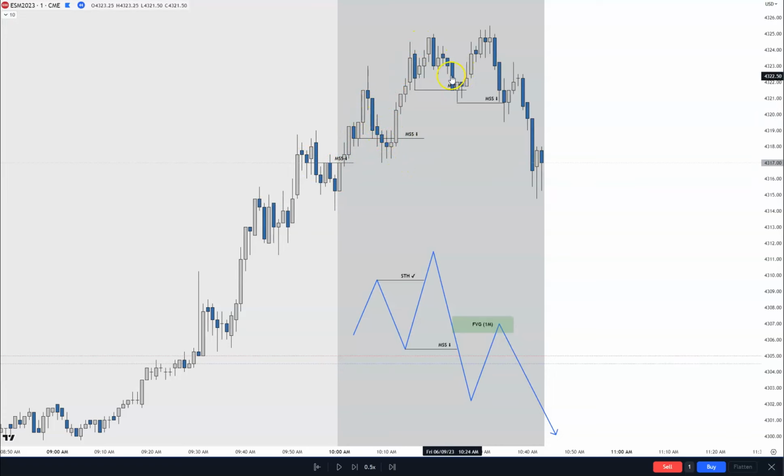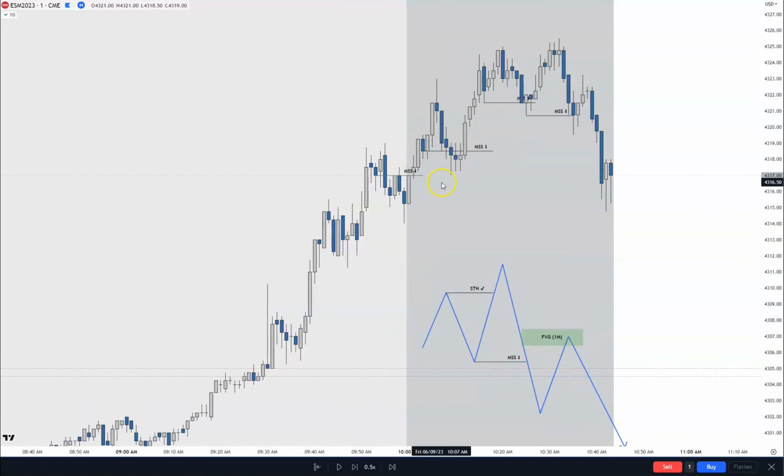This one, this fair value gap right here. Is this little pullback the leg that started this? No. This is the swing low that started this leg that took out this swing high here. And this swing high. So for this one right here, it wouldn't be this one. So we would get in here? No. This is just a retracement.